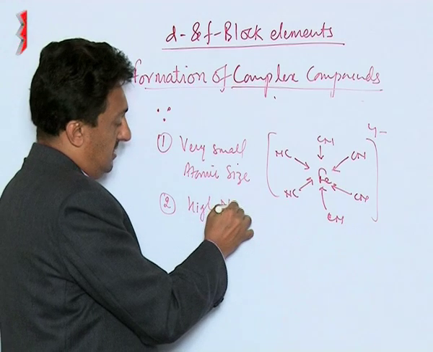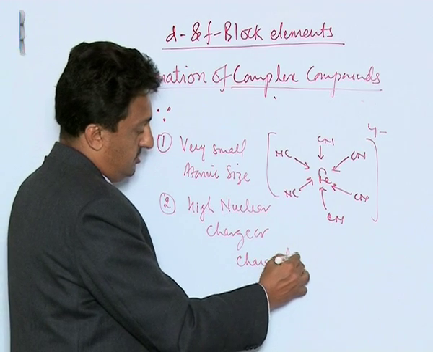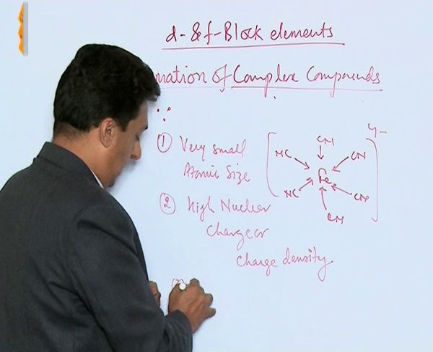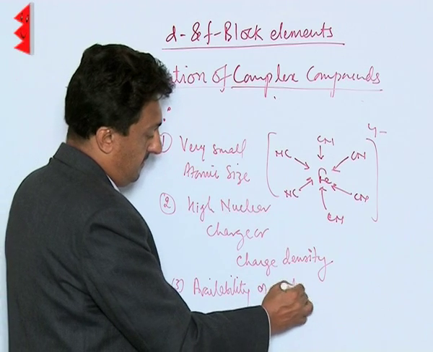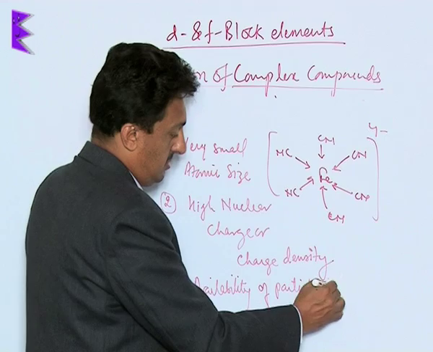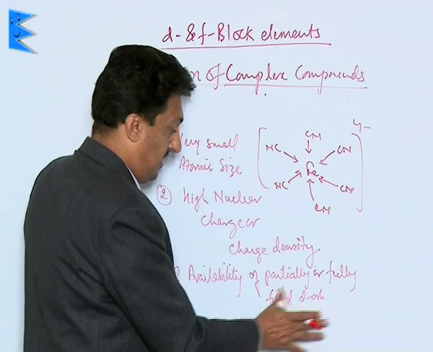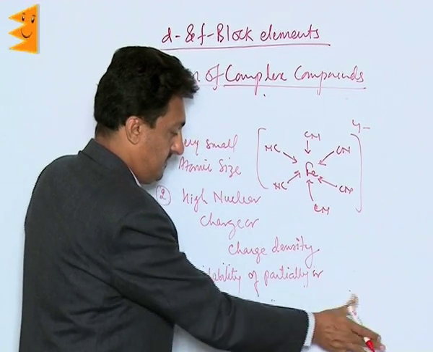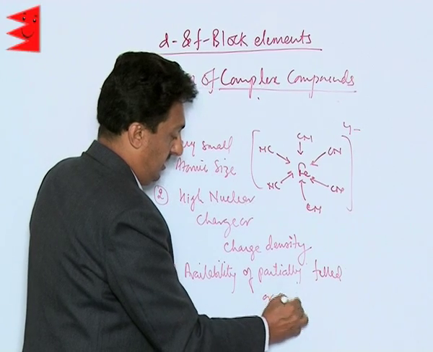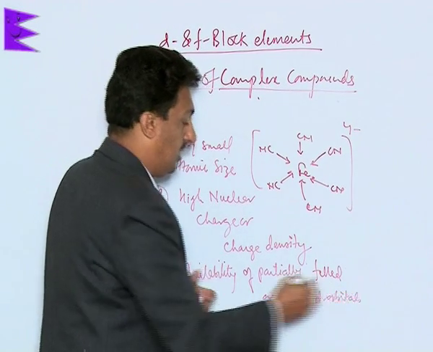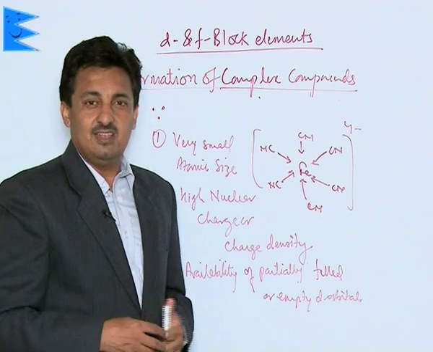The second is high nuclear charge, or we can write charge density, and third is availability of partially filled or empty d orbitals, in which they accept the pair of electrons which are donated by the ligands, and these are the 3 basic reasons which make them have such a high tendency of forming coordinate compounds.